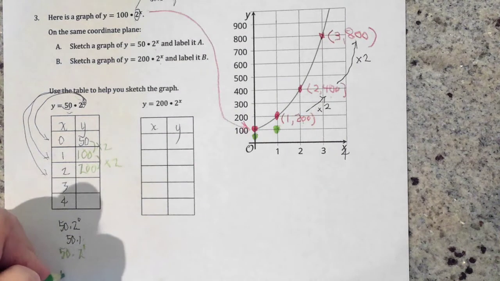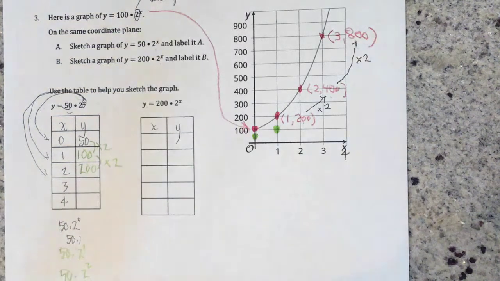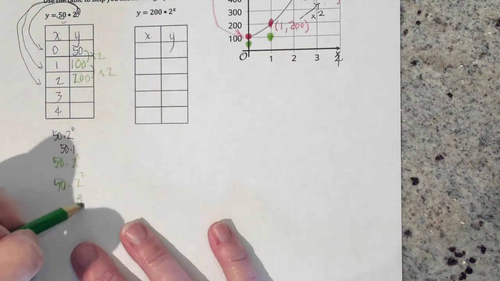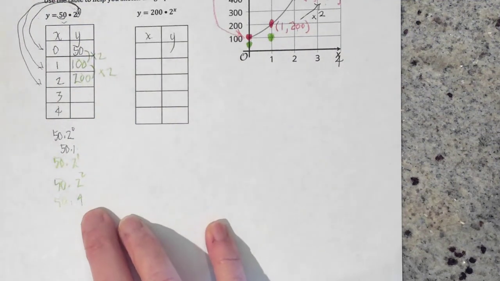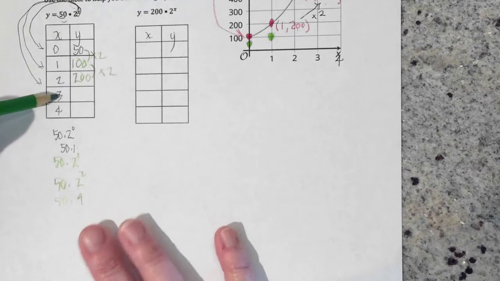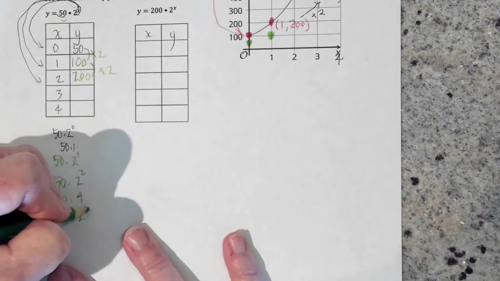Or I can come down here and go 50 times 2 to the power of 2. 2 to the power of 2 is 2 times 2, which is 4. And 50 times 4 is 200, which is what I've got right there. I can continue and go 50 times 2 to the power of 3.